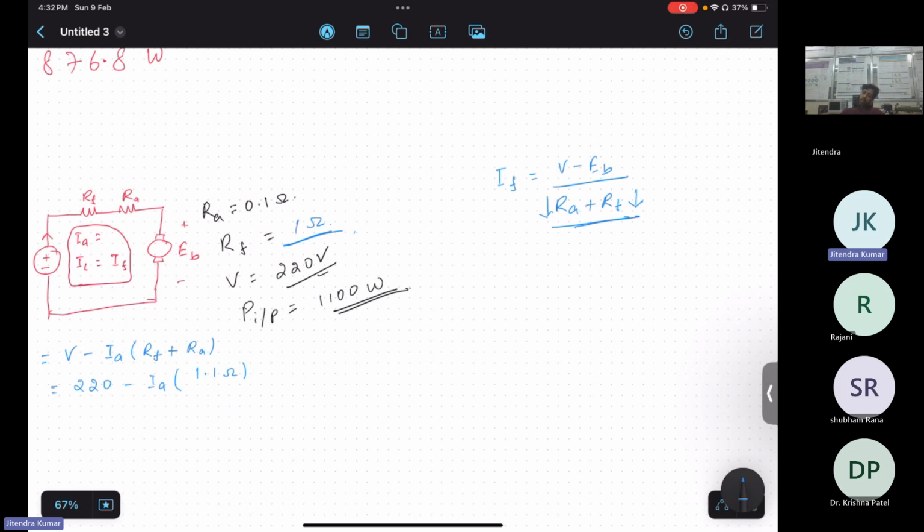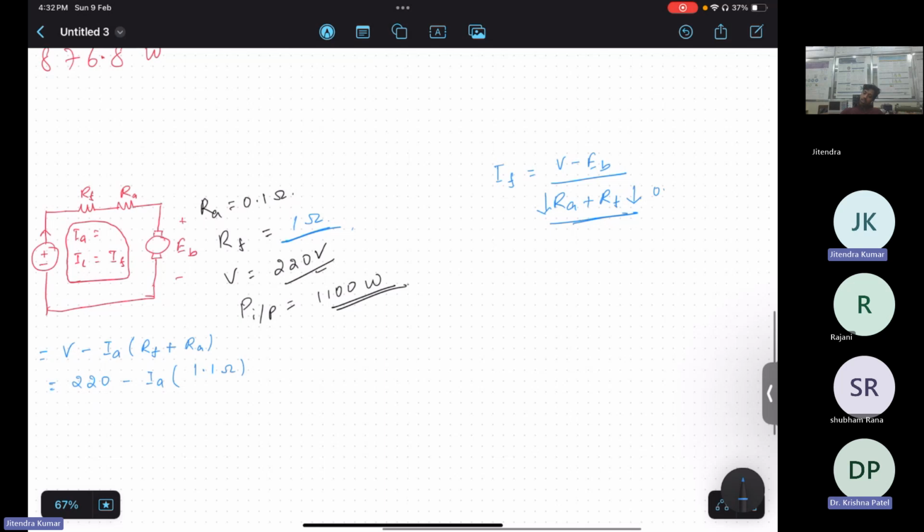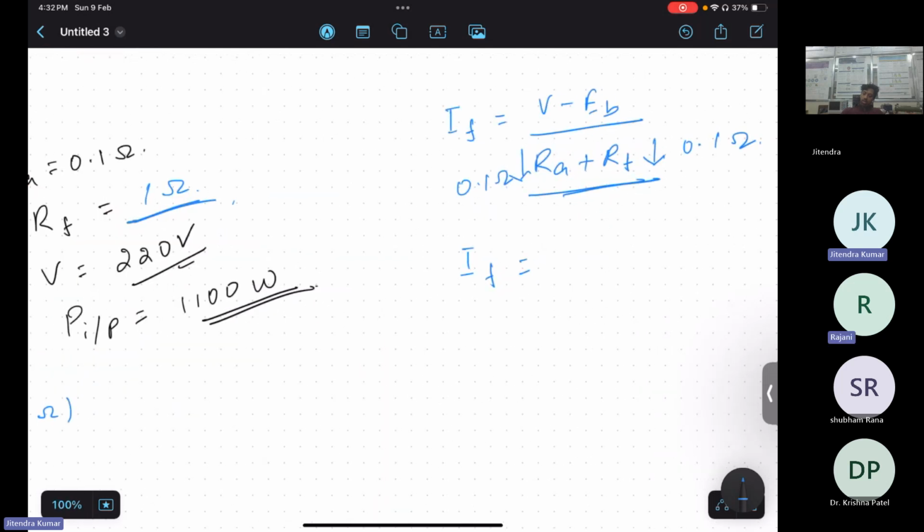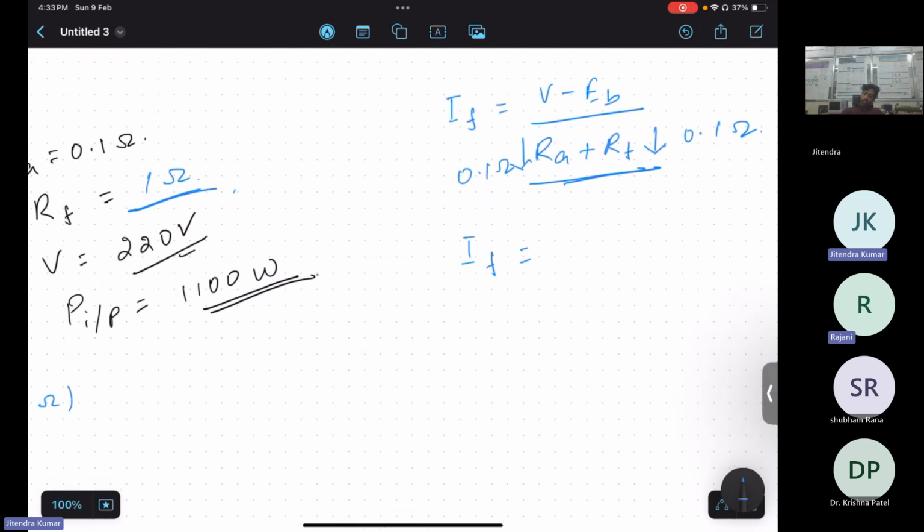Let's suppose RF is 0.1 ohm, and RA is also 0.1 ohm. So IF will be equal to V minus E by 0.2. So it is 5 times V minus E.